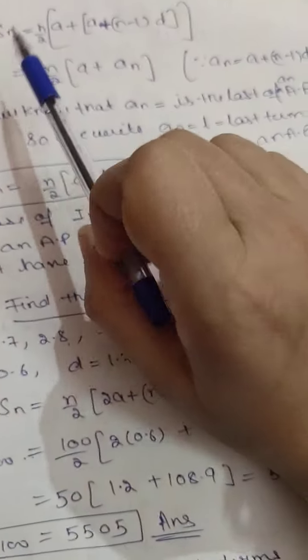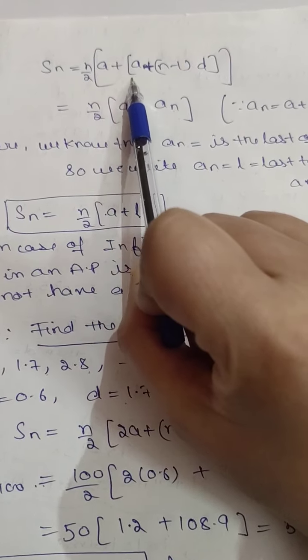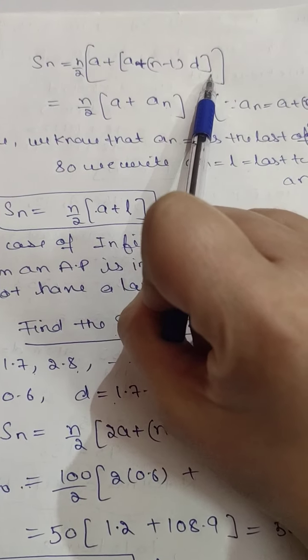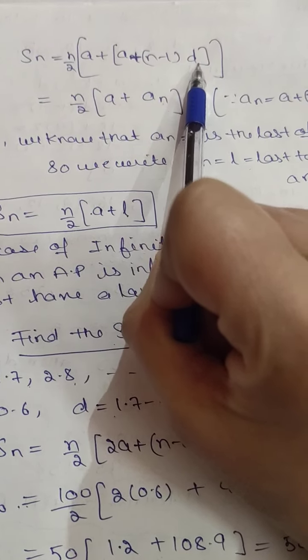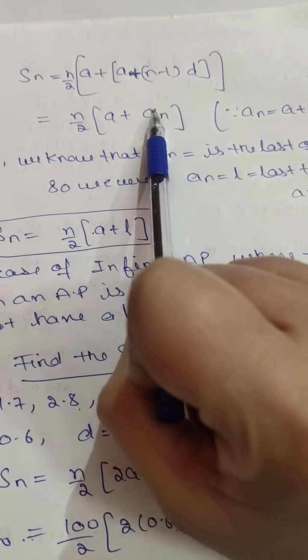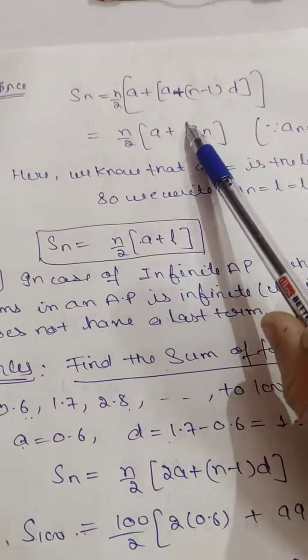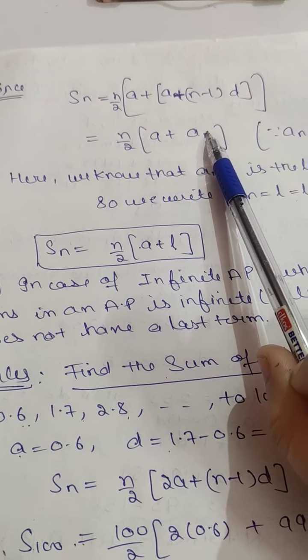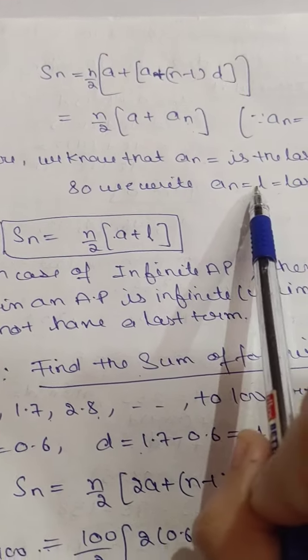Now see, we know Sn is given by n by 2 into 2a plus n minus 1 into d. Here, this a plus n minus 1 into d is what? It is an, which is given by a plus n minus 1 into d and is known as the last term of the AP. If we denote this an by L, then what will we get?